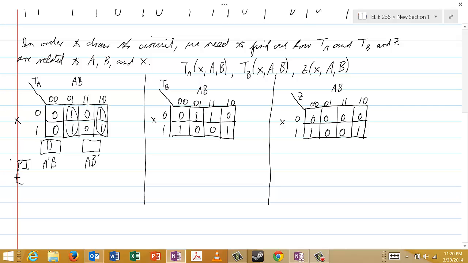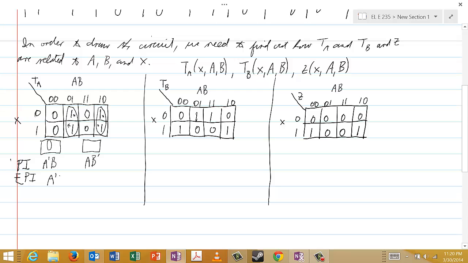Notice that each of those is essential because all of the 1 cells here are essential 1 cells, and therefore both prime implicants are essential prime implicants.